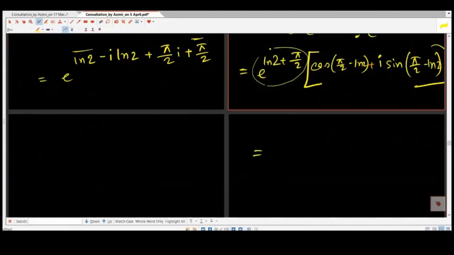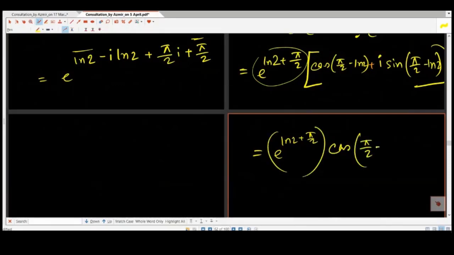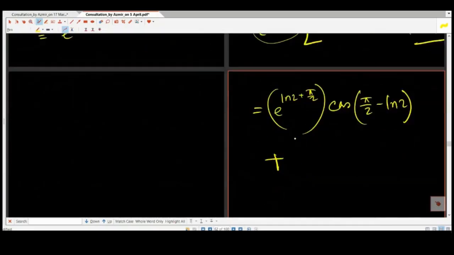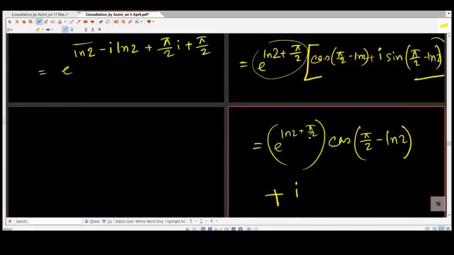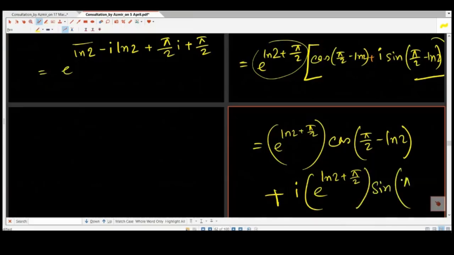We can multiply this quantity with this: e to the log 2 plus pi over 2 times cos of pi over 2 minus log 2, plus i times e to the log 2 plus pi over 2 times sine of pi over 2 minus log 2.